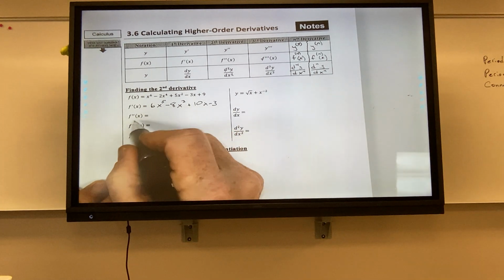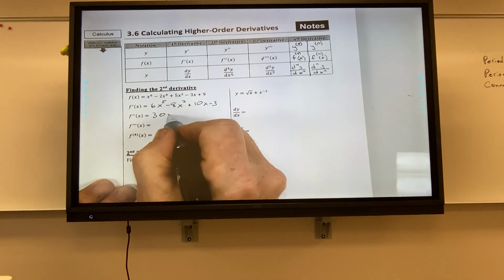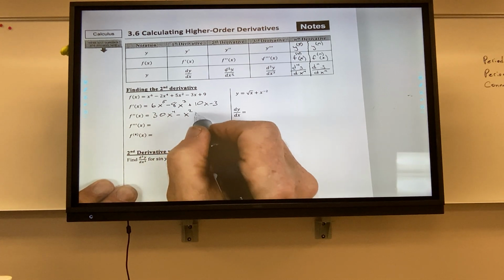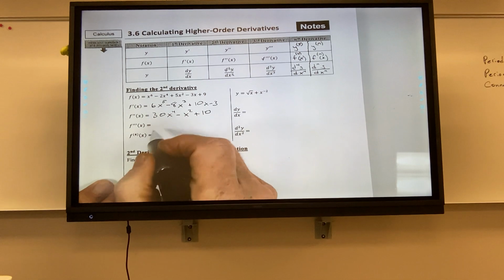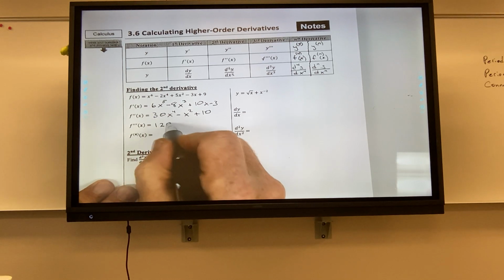Okay. Did you do the second derivative? Wouldn't that be 30x to the fourth minus 24x squared plus 10? Okay. A third derivative? The jerk would be 120x cubed minus 48x.